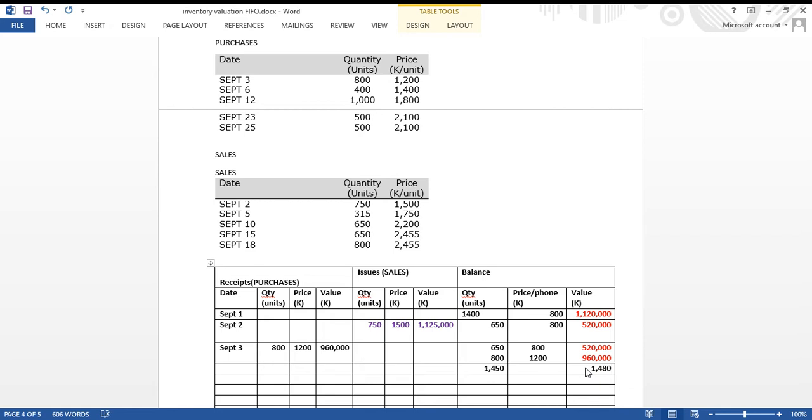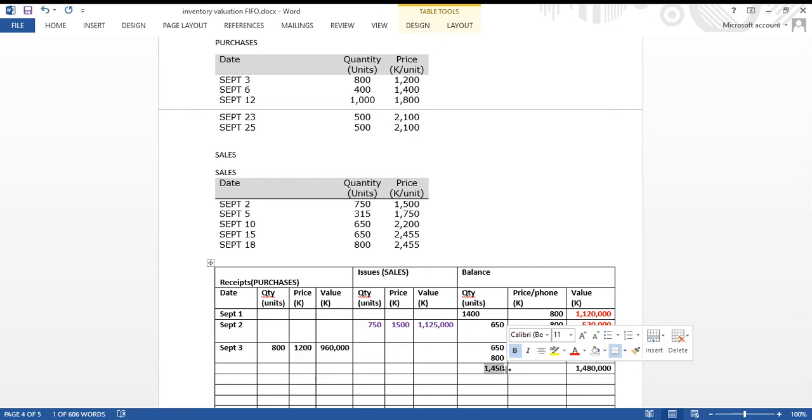We get 1,480,000. To get the average cost, we divide this 1,480,000 by 1,450.